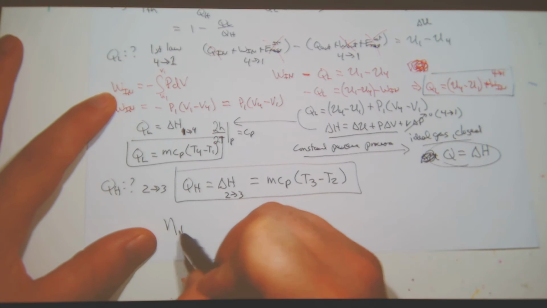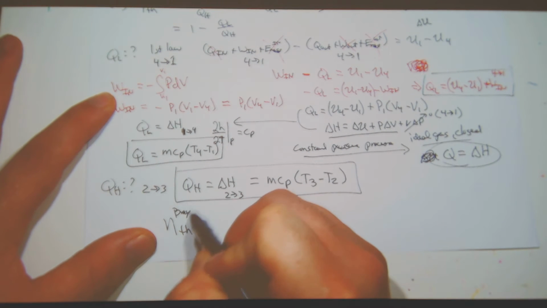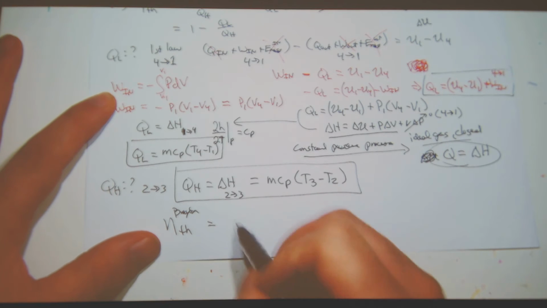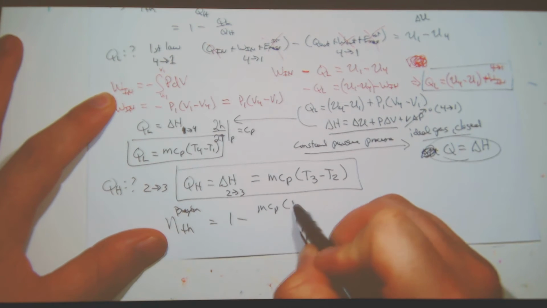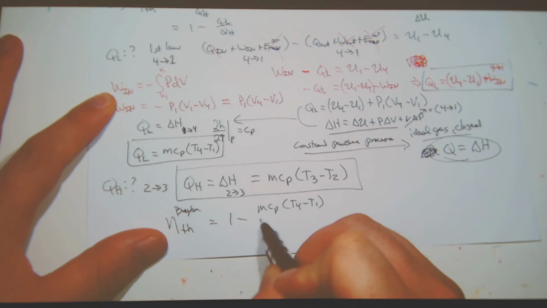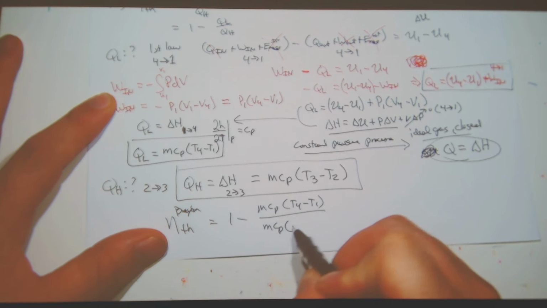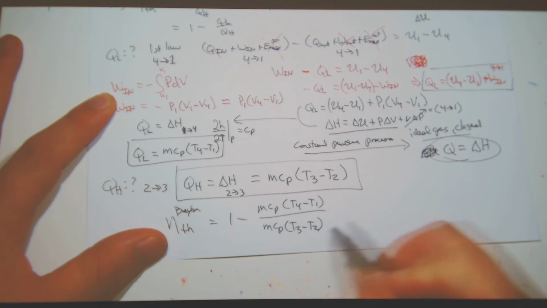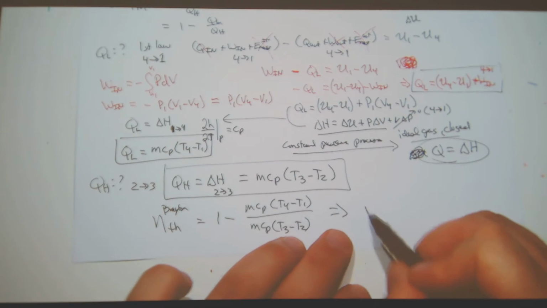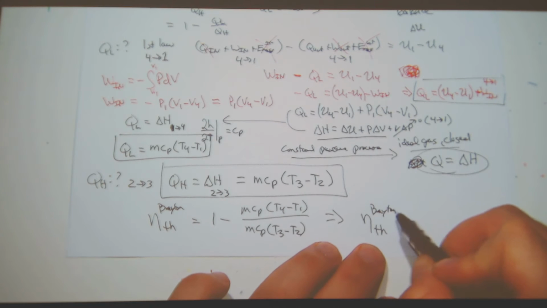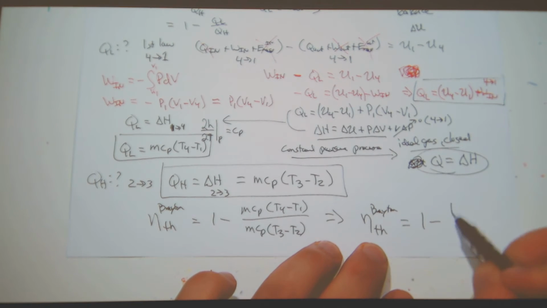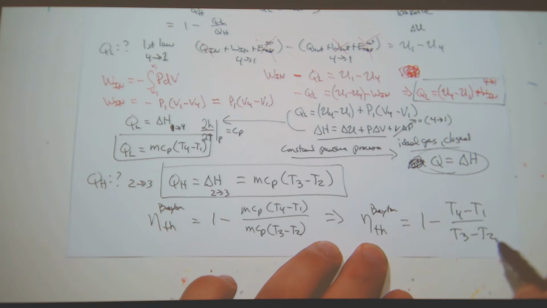And so the thermal efficiency of the ideal Brayton cycle is going to equal 1 minus m Cp times T4 minus T1 over m Cp times T3 minus T2, which implies that the thermal efficiency is 1 minus T4 minus T1 over T3 minus T2.